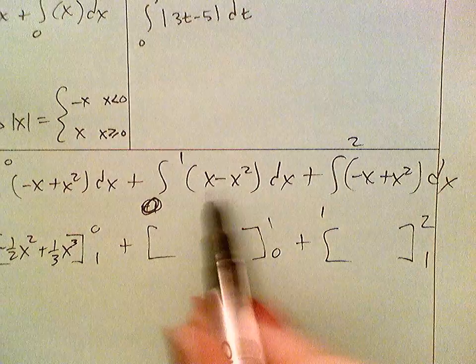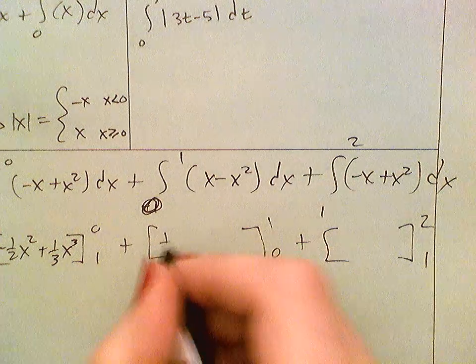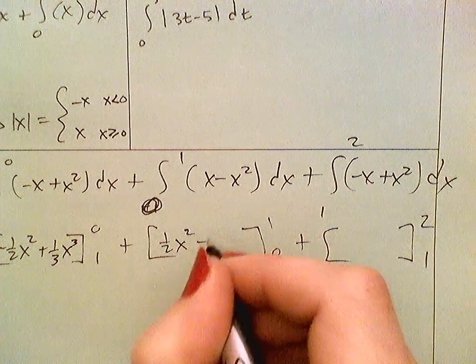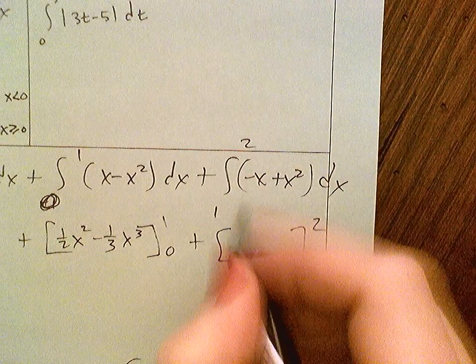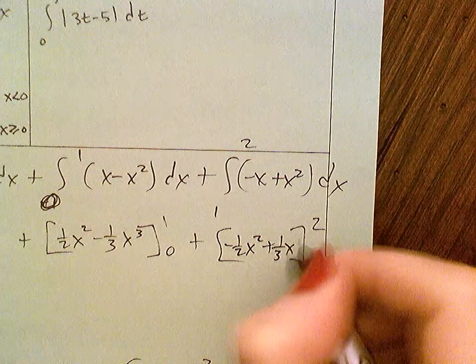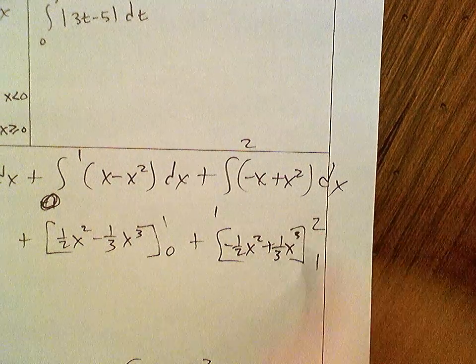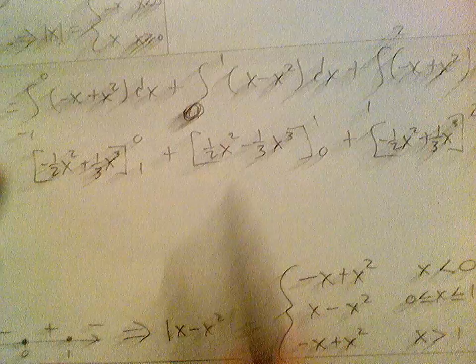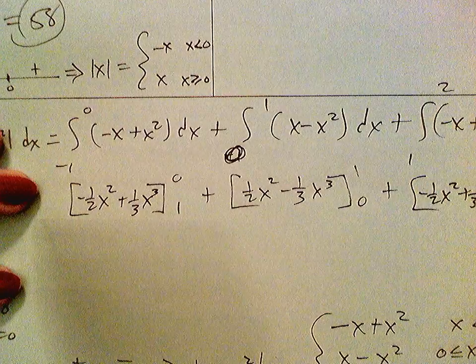And then the antiderivative of this input is 1/2 x squared minus 1/3 x to the third. And then this one here, negative 1/2 x squared plus 1/3 x to the third. Okay, and so this is like an intermediate step.